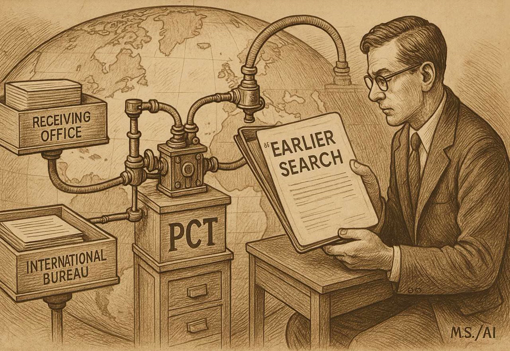Yes, it's one of the available ISAs. You want them to consider the search they already performed on your U.S. national application. This is a perfect use case for MPEP Section 1819. You would formally request this under PCT Rule 4.12 in your international application paperwork. You would specify the USPTO as the office that conducted that earlier search, and you would provide the application number of your U.S. national application.